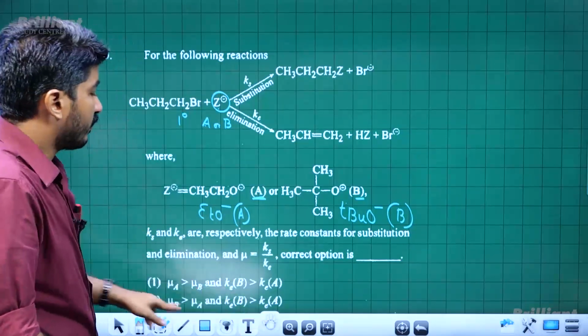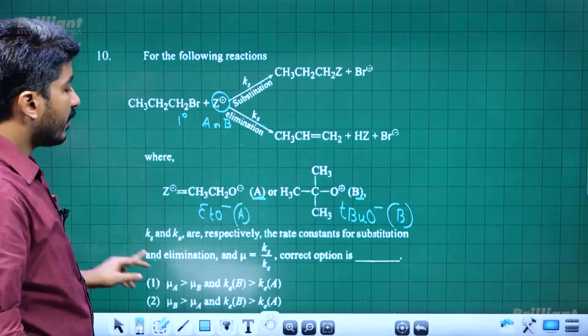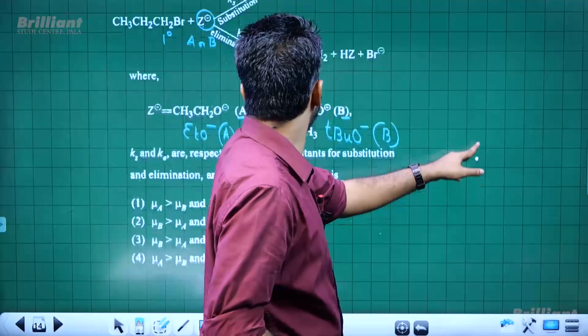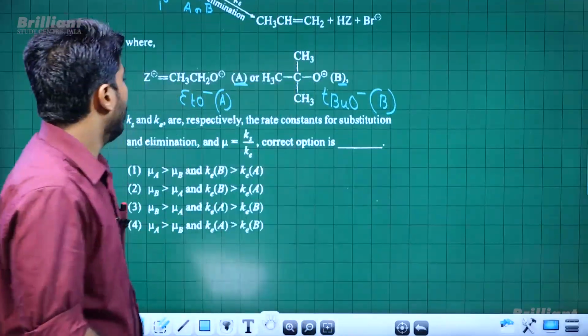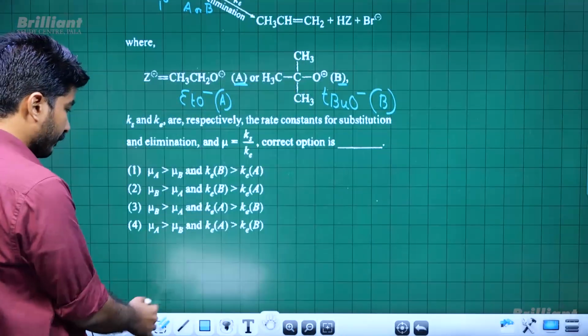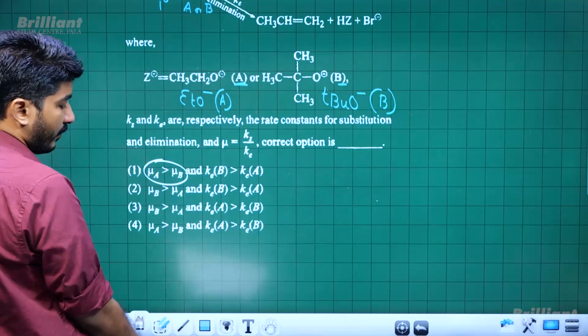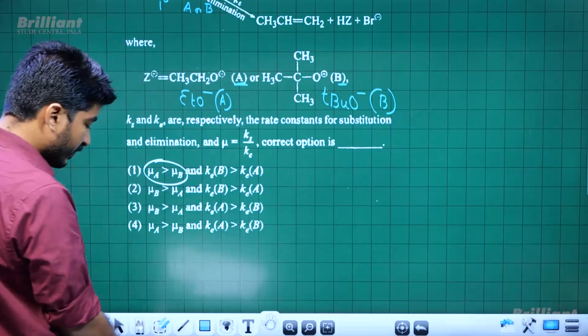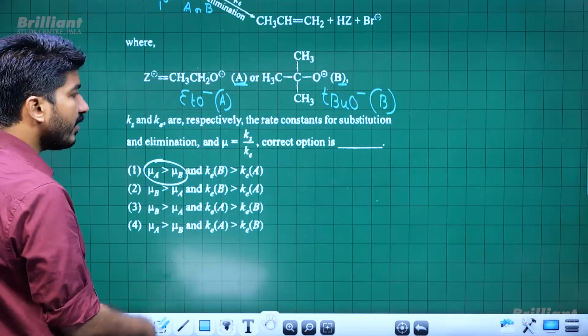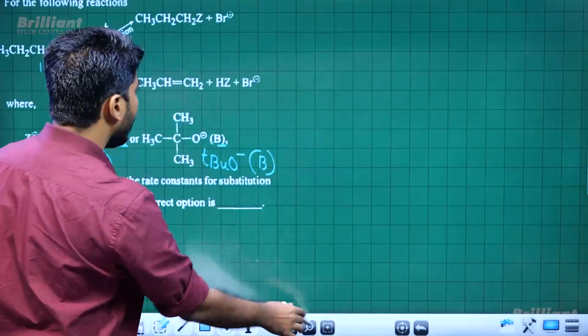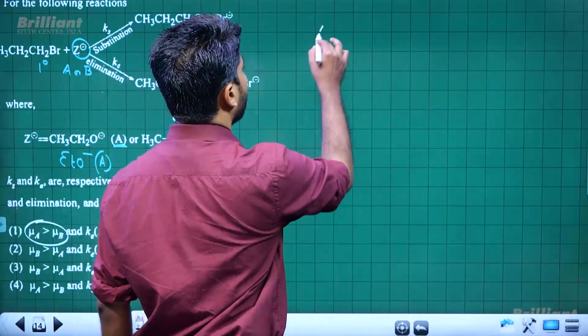Now let's try to compare. The question is asking for this comparison, mu A versus mu B, and they are defining mu as Ks by Ke.